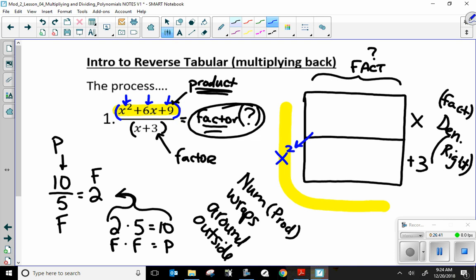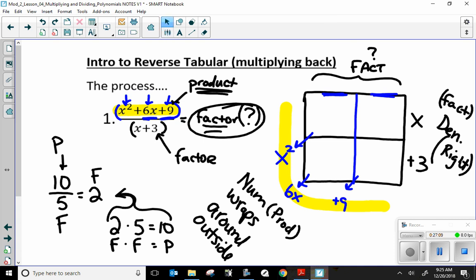The next term, 6x, comes out of the bottom left. I have one more term, so I only need one more arrow. My plus 9, I'm going to put it there. Guess what? Wherever this arrow is in the bottom, boom, that's it. So I'm going to have 2 terms in my quotient for my second factor, all right?